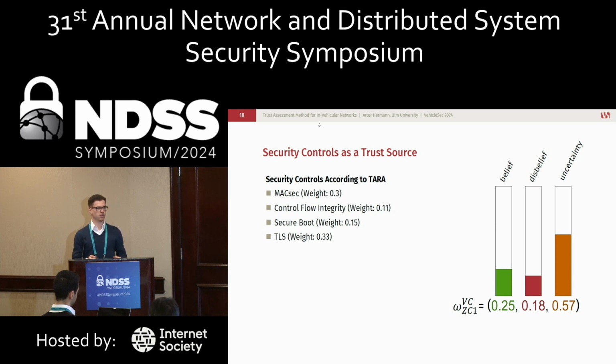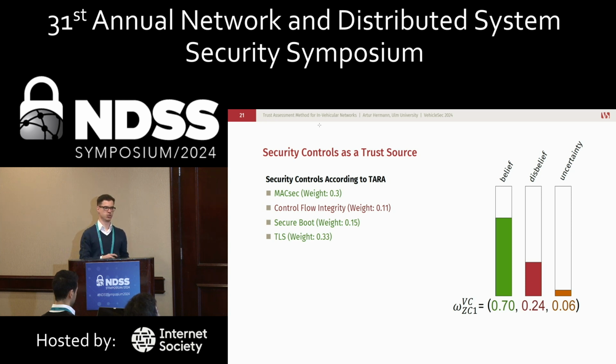If a security control is now implemented, which we know from runtime evaluation, based on the weight, the belief will be increased by a certain amount and the uncertainty will be reduced. If a control is not implemented, the disbelief will be increased. And this is done for all security controls, so that at the end, we have the opinion, in this case, from the vehicle computer to the zonal controller based on the implemented security controls.